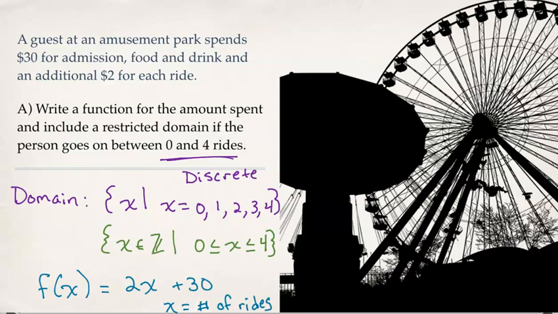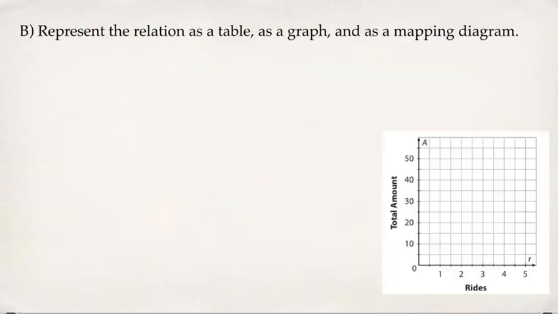Let's go. We're going to represent the relation, the function, as a table, as a graph, and as a mapping diagram. As a table, here are the x's that are my number of rides, and my f of x, which is the money I spend.